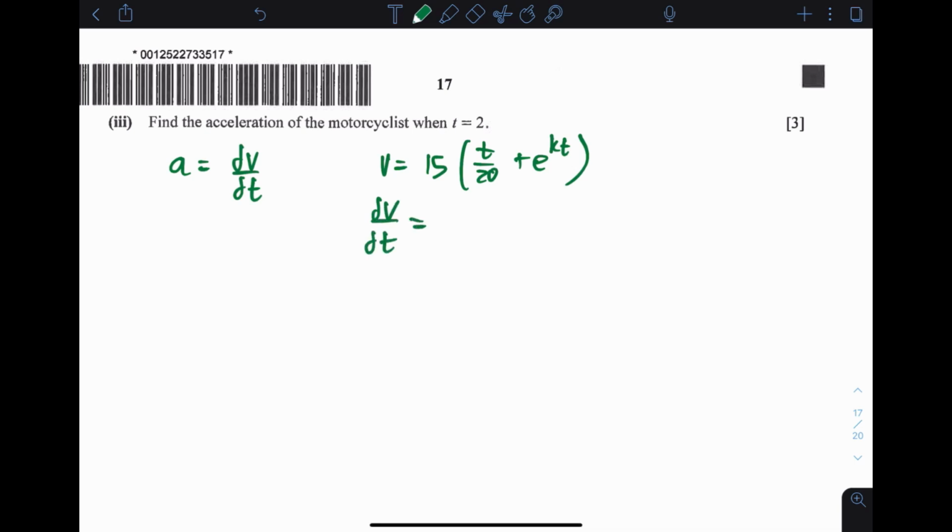You can take 15, then just differentiate the bracket here. This 15 is just a bystander. 1 over 20 plus, just now the k is the 0.0405. Then you put e power of this.